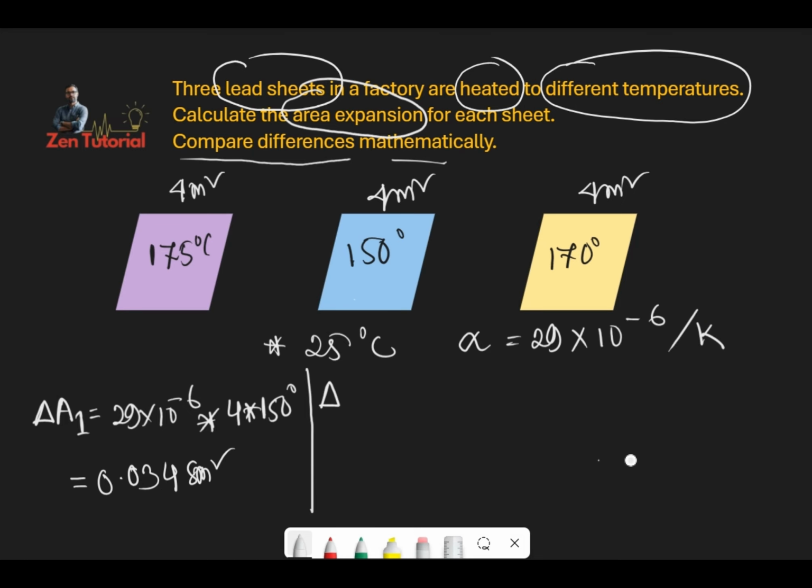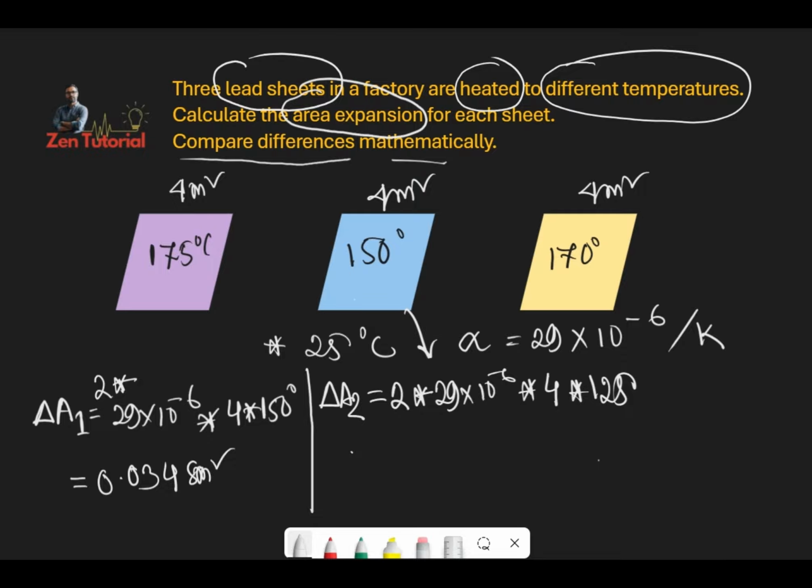Now del A2 is equal to, by the way, we have to add a 2 here as well, so it will be 2 times, of course, 29 times 10 to the power minus 6, times the area 4, and the temperature difference is 125 for the second one.